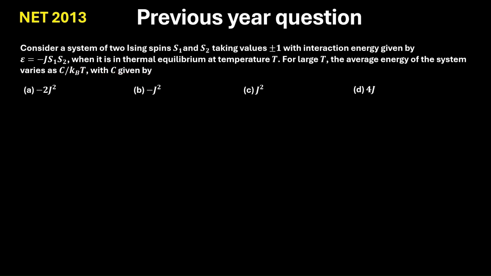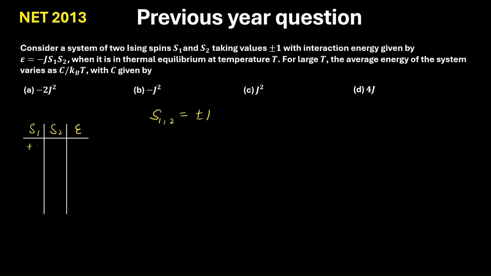So S1 and S2 can take values of ±1. So what we will do is we'll try to find the different configurations possible, and for that I'm drawing a table here. I'll write here S1, S2 and epsilon.